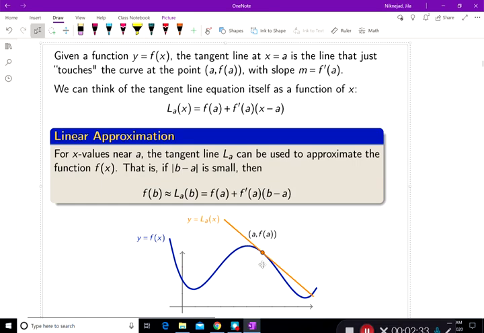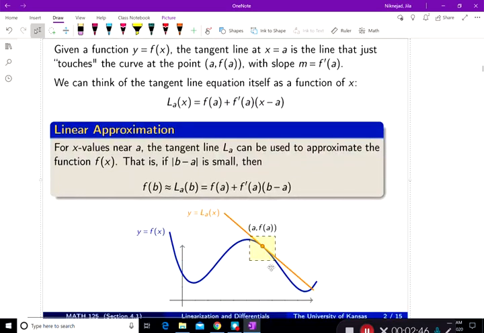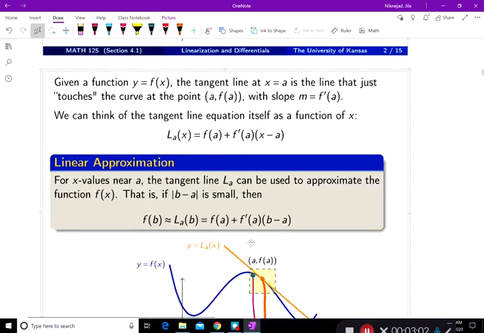Close to point a, the blue curve is very close to the orange tangent line. And so over here, see, this is the box. Around that box, it's safe to use the y value on the orange line to approximate the y value on the blue curve.